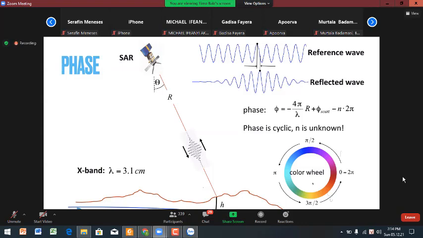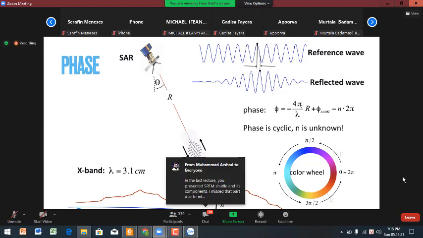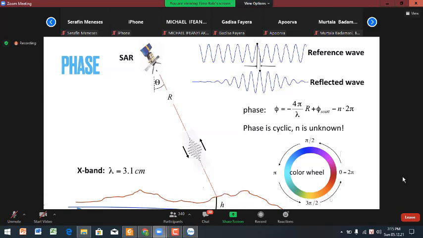We have to talk about the phase, and we will talk about that much more when we talk about interferometry. But let's talk a bit now about the phase of a SAR image. So we talked about the amplitude, the pixel strengths, but we also have this phase information.